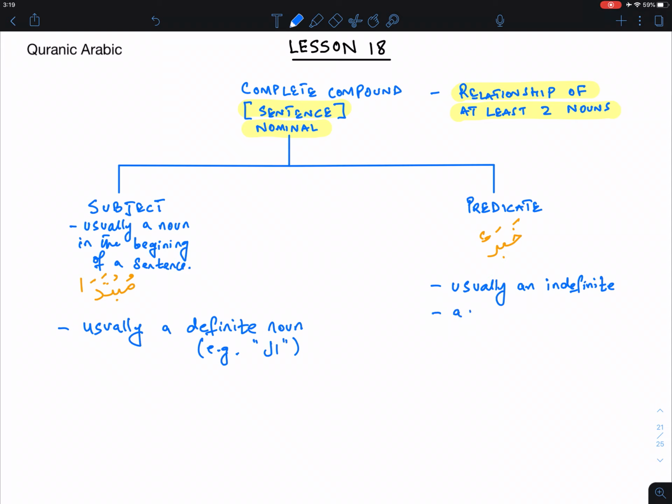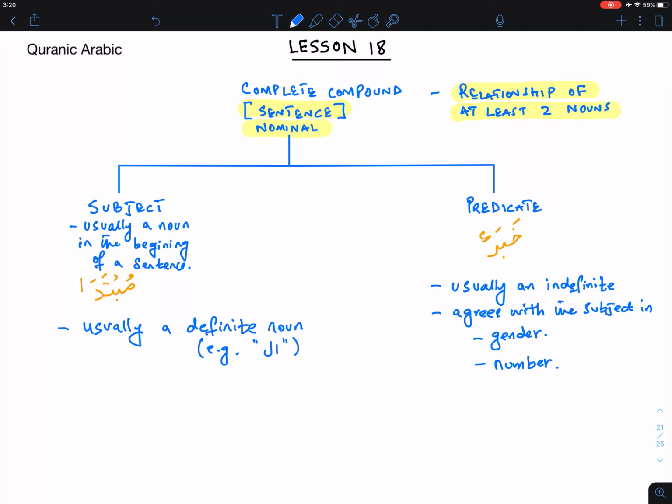It agrees with the subject in gender and number. So for instance, if it's singular, then it'll be singular.